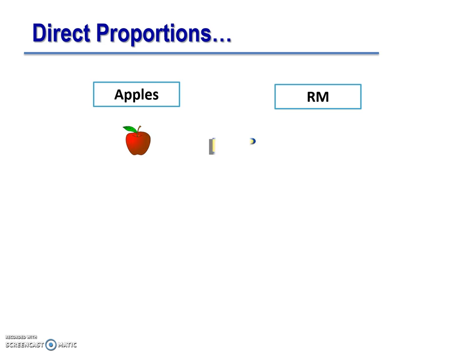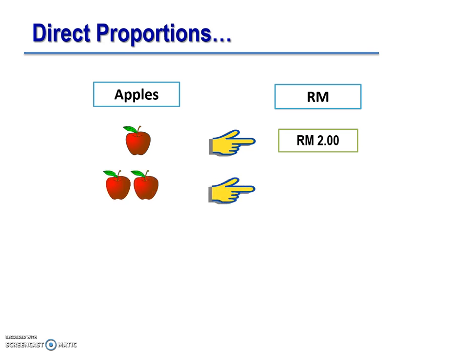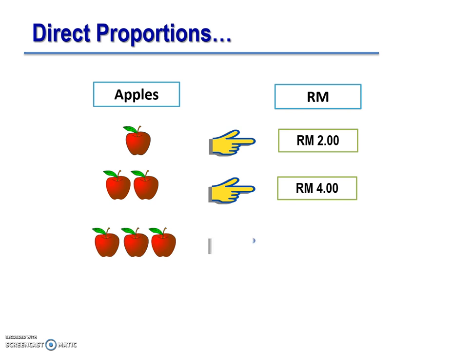Assuming that one apple costs 2 ringgit, definitely if we have 2 apples, we are paying 4 ringgit. And if we have 3 apples, you are paying 6 ringgit. This is what we call direct proportional. It means that if you require more units of apples, definitely you are going to pay more. But the direct proportion example given to you is the easiest example.